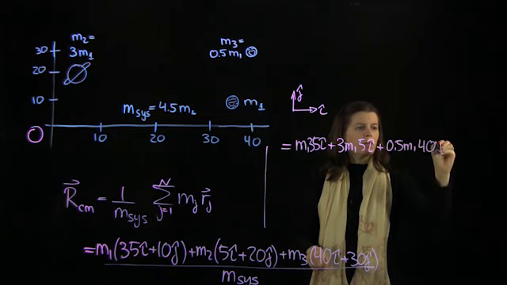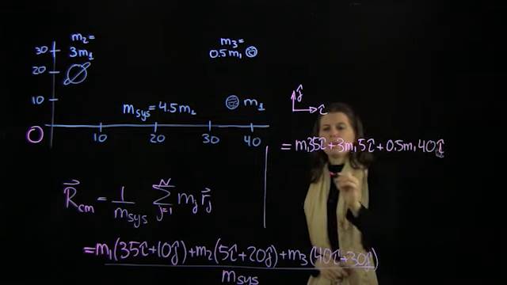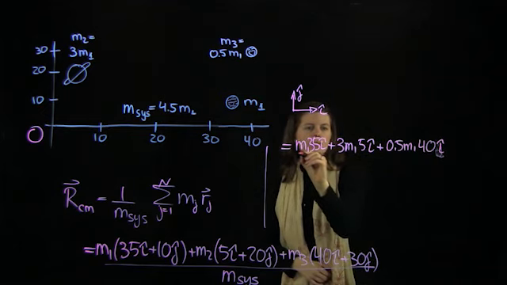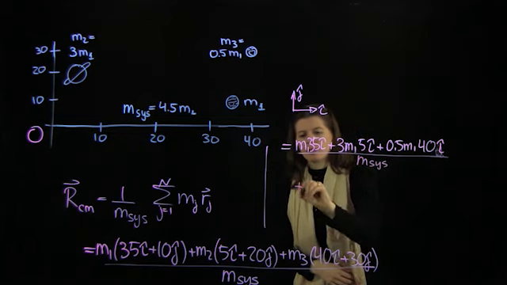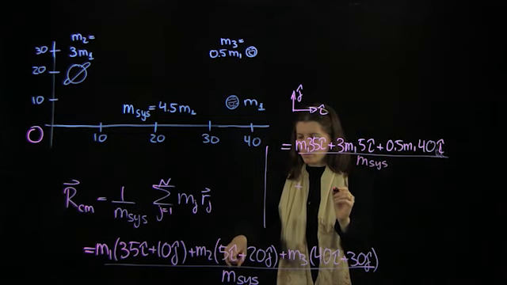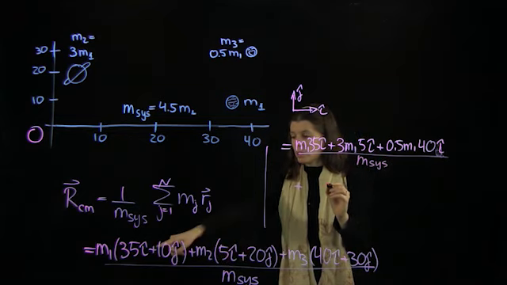That's in the I hat direction. And we'll have to divide that over our system mass, and then we do the same for the y component.